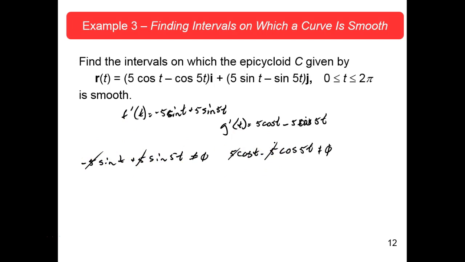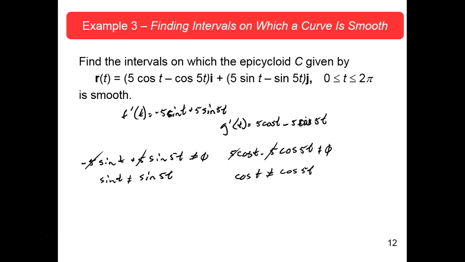Okay, they're not contributing anything. So this says that sine t cannot equal sine 5t, right? And cosine t cannot equal cosine 5t. Is that right? They both have a plus and a minus. Yeah, okay. For different reasons, but they do.